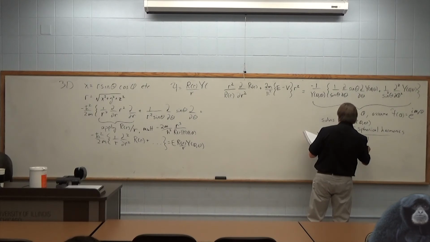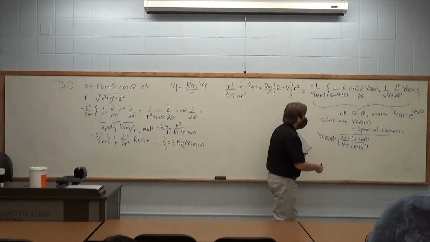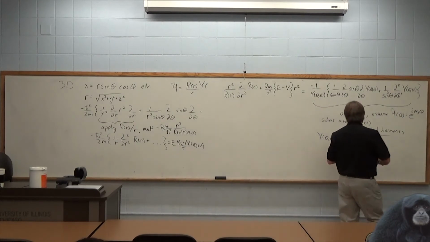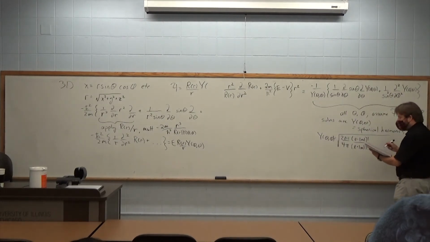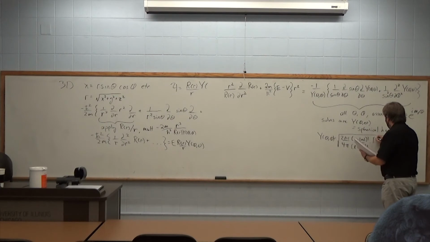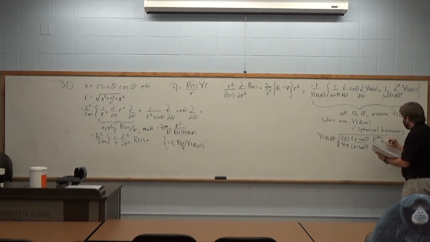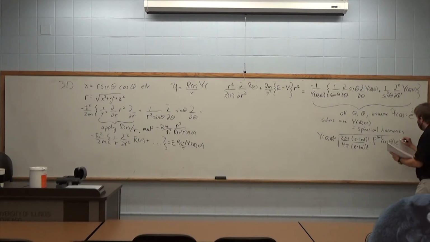You can just Google this. Wikipedia shows you all this. Those are factorials: l minus the absolute value of m factorial over l plus the absolute value of m factorial. The only thing that might be new to you is this P thing. God, this is kind of a nightmare, isn't it?